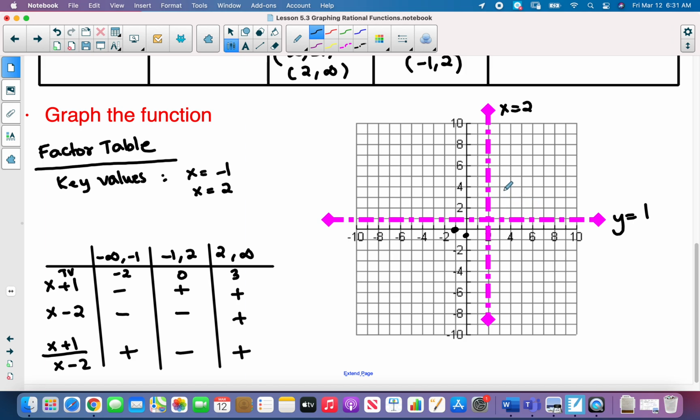So on this side also, the function is positive.